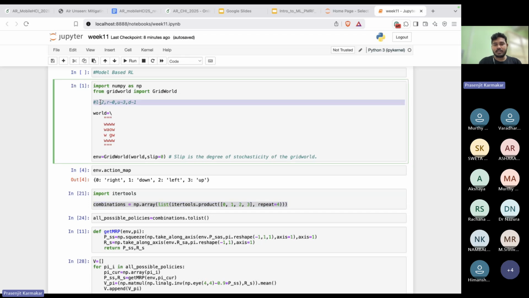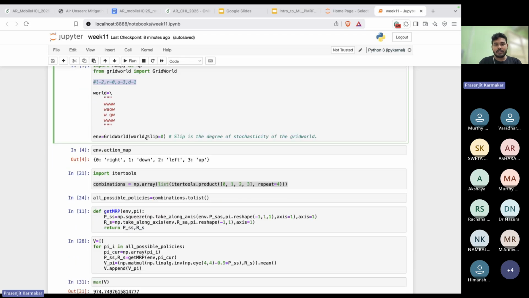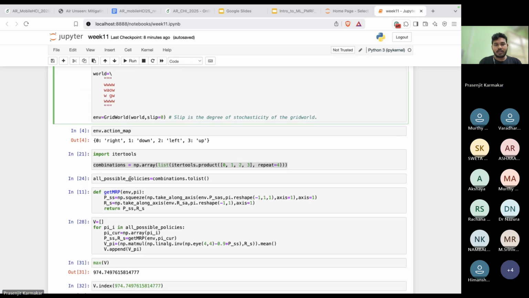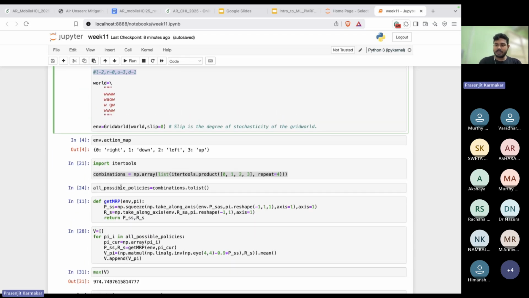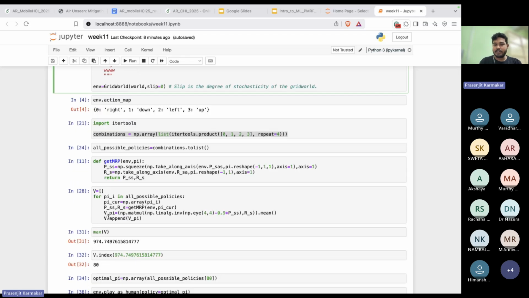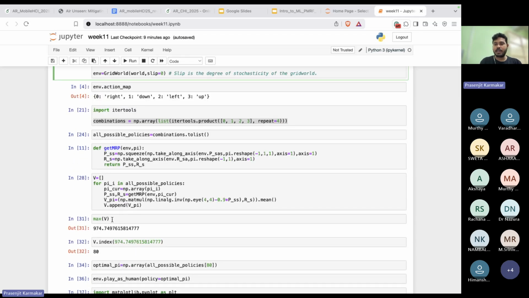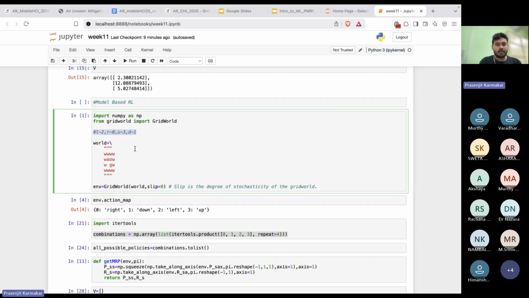Based on these options, left equal to 2, right equal to 0, up equal to 3, and down equal to 1. These are the numerical representation of the actions that you can take. Based on these actions, we can loop through all the policies, get the corresponding Markov reward process, and evaluate its value. And whichever has the maximum value, that would be my best policy, right? That's what we did. So for a world like this, let's run that.